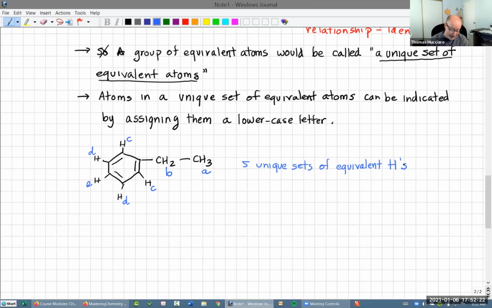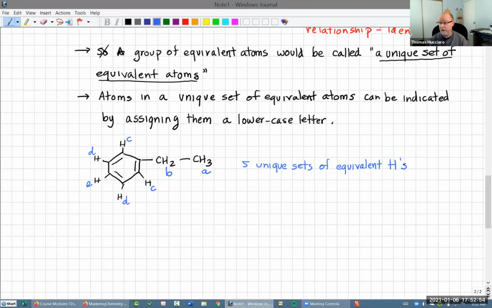So now imagine there's 2 test questions that I can ask you about this. And this is what I was talking about, how like on the MCAT or something. So the first question would be, how many unique sets of equivalent hydrogens? Just how many? It's a number, 1, 2, 3, 4.